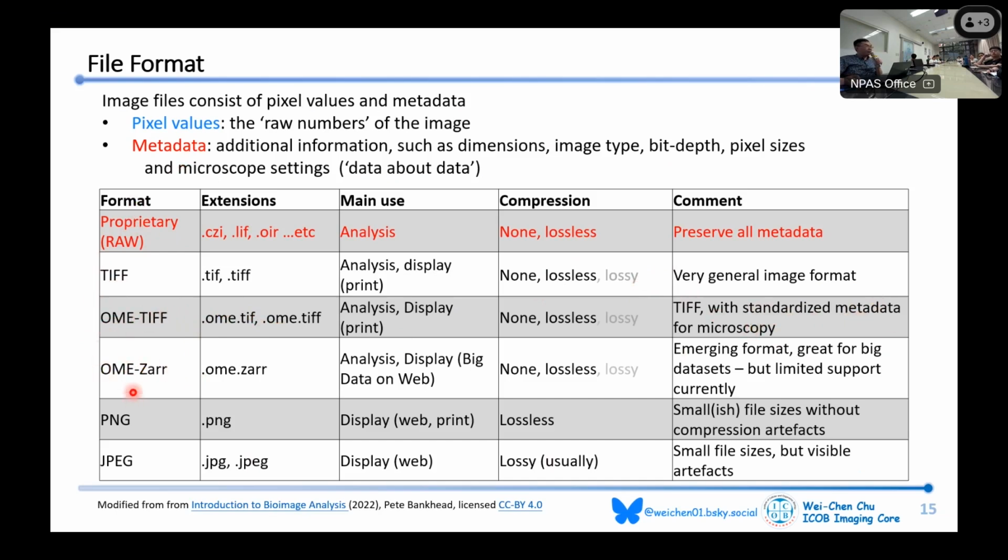The next generation file format will be OME-ZARR. It's not so common nowadays, but it will become more important because of this kind of chunk file system. It's very good for big data, for example, if you have 1 TB of image you want to display to others, then this will be very important.